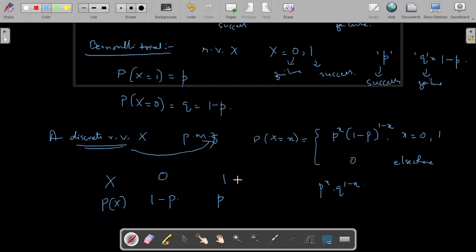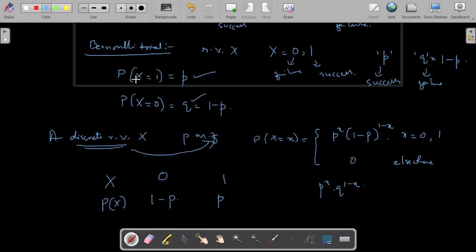Bernoulli distribution is used when you have an experiment which is dichotomous in nature, meaning its outcomes can be categorized into two categories, one as a success, another as a failure. The probability of success is denoted as p and the probability of failure is denoted as q, which is equal to 1 minus p.